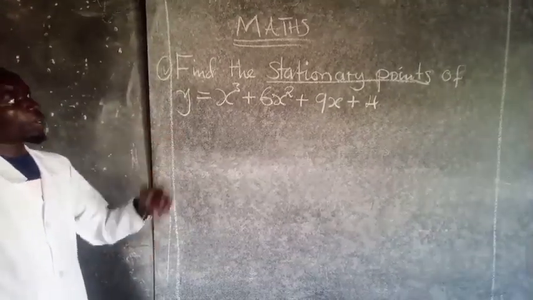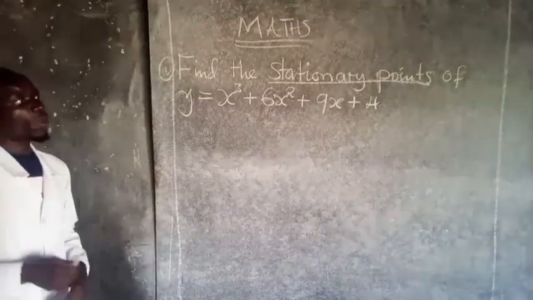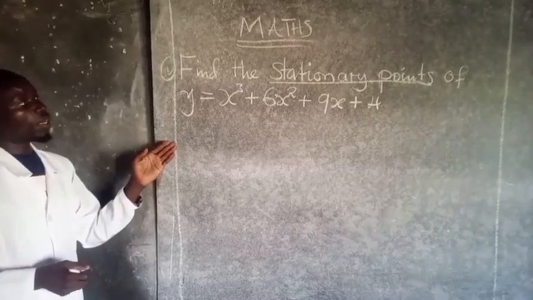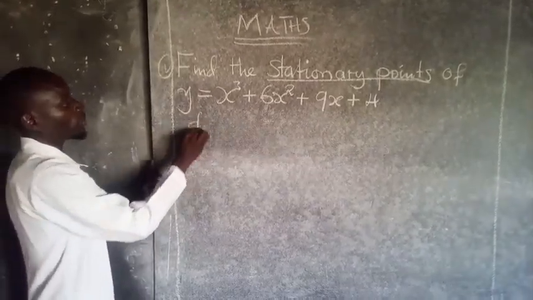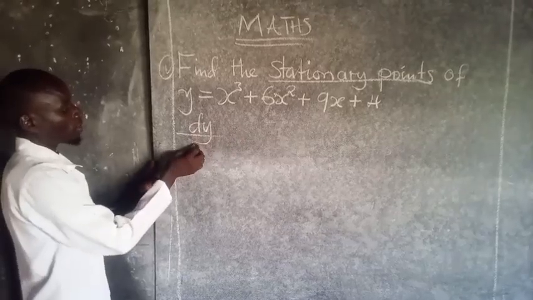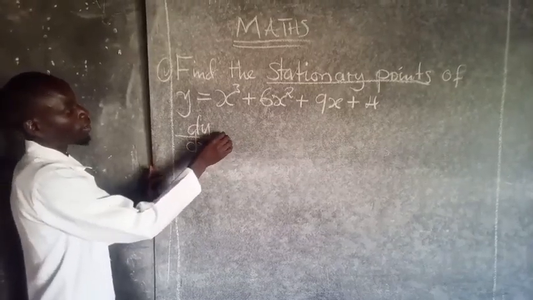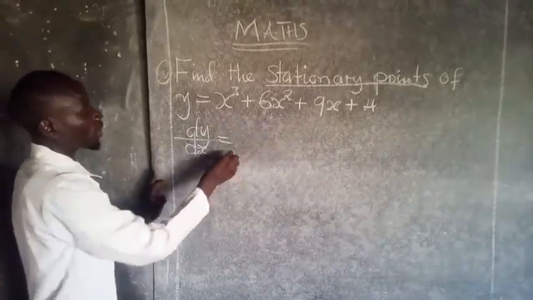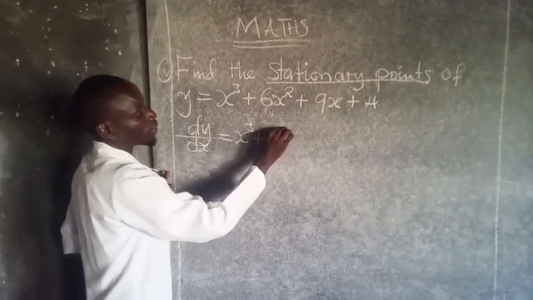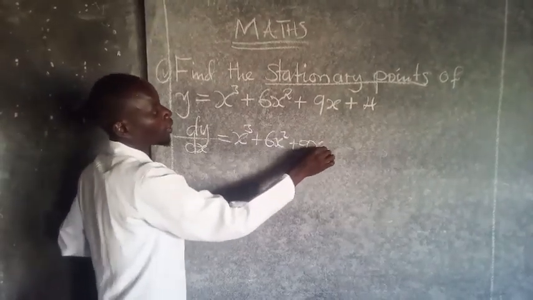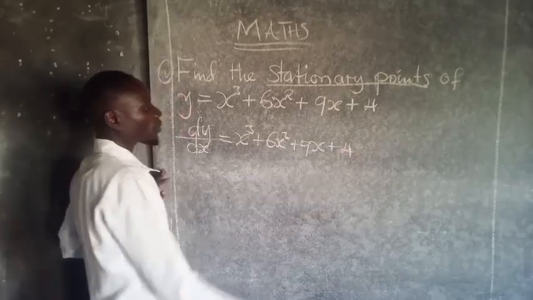So to find the stationary point, the first thing that you have to do is to find the derivative of this question. So you write dy by dx, which is equals to the derivative of x cubed plus 6x squared plus 9x plus 4.